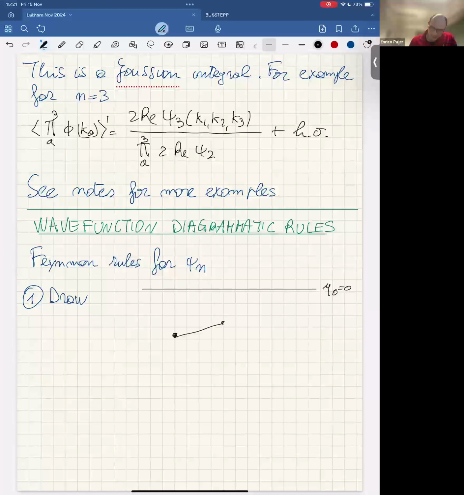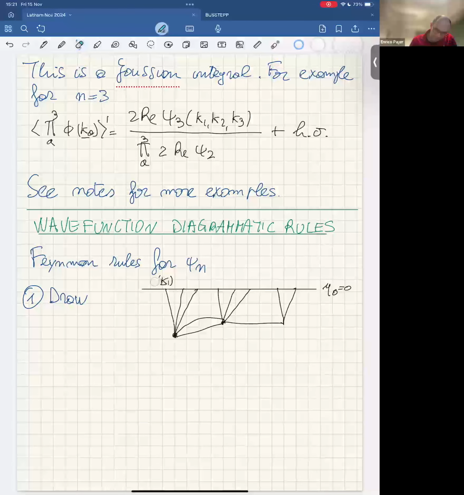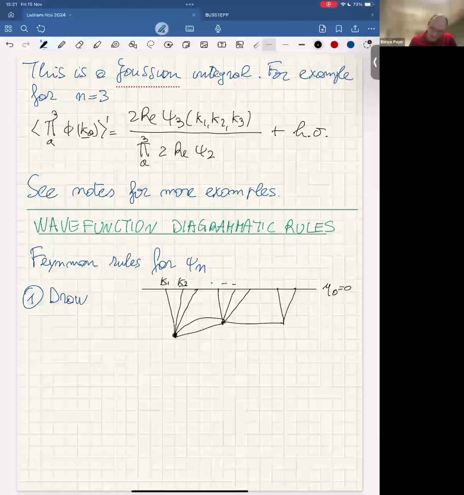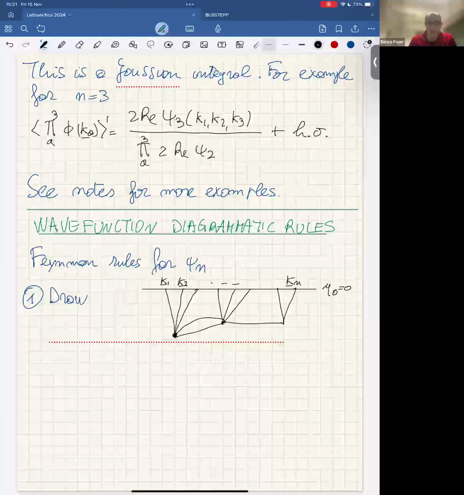Then you draw the same number of external legs as the number n of the wave function that you're computing. If you're computing psi 3, there are 3 external legs. Psi 10, there are 10 external legs. And you label all the external lines with a 3-momentum going from k1 to kn.